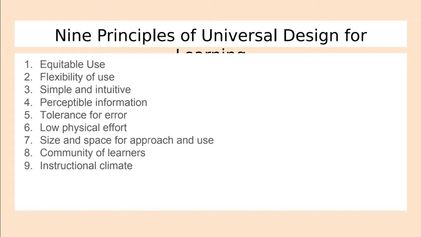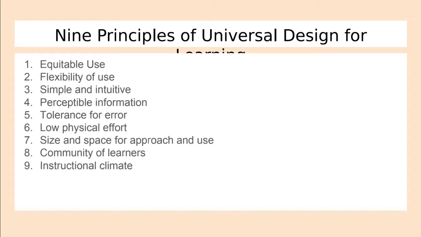So one of the first principles is equitable use. Here it talks about the design, your course design, your assignment, your content, that it's useful and marketable to people with diverse abilities. The second one is flexibility of use, designing a wide range of different offerings.